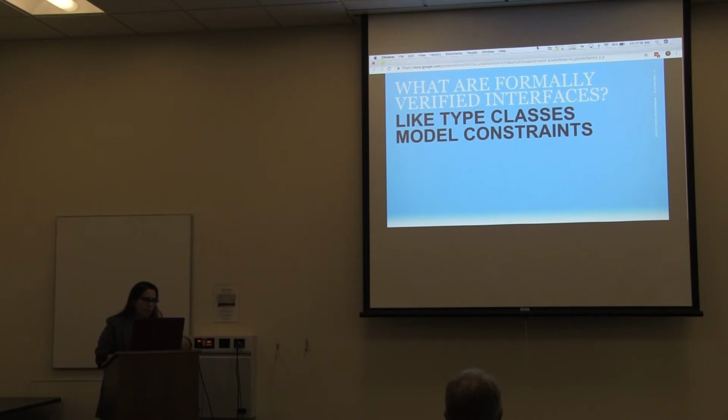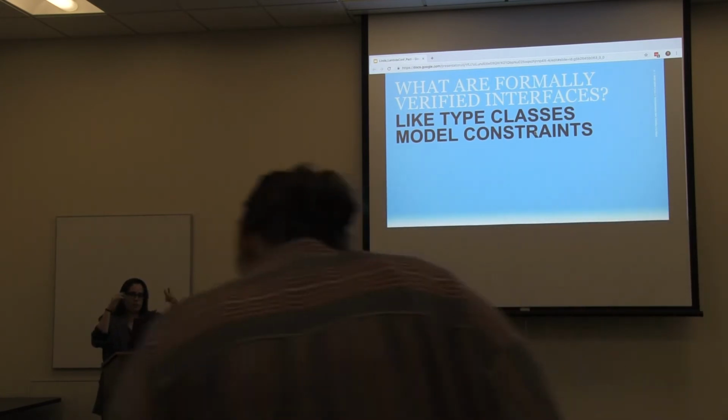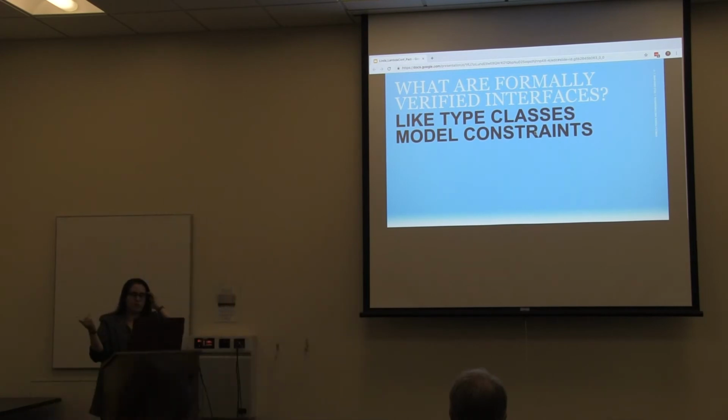And so one last thing we have is formally verified interfaces. This is actually a feature that Emily in the back was the creator of. Our interfaces in Pact are like type classes in Haskell. You can say, if you implement this interface, you have to have this function with this return type and inputs and so forth.